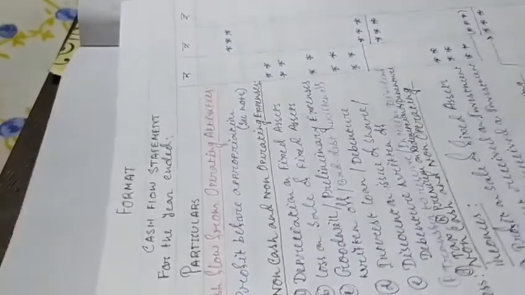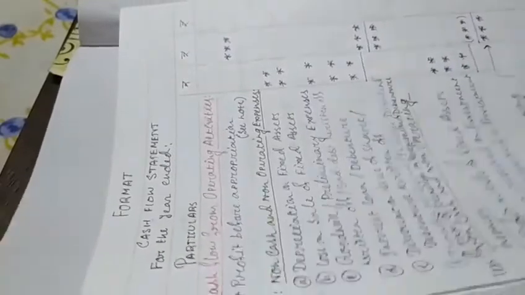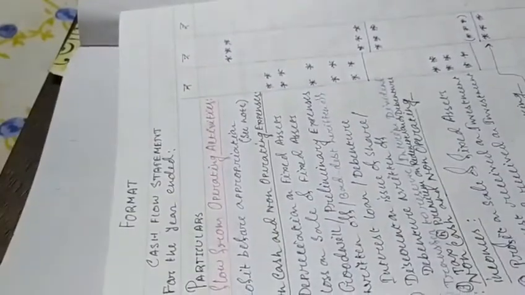As an example, depreciation on fixed asset. You can never see the loss of your machinery or fixed asset. Suppose you have a machinery, you are using it day by day, and its power of work is losing day by day.